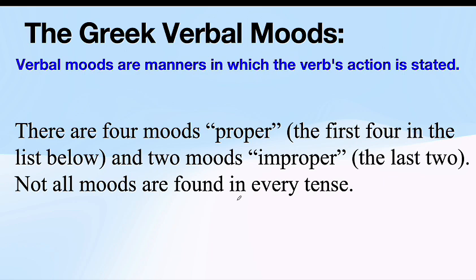For example, is it stated as a statement, as an imperative like a command, or is it a wish? Those are called moods. In Greek, there are 4 moods which are called proper, and there are 2 moods which are called improper. We shall see them one by one in the following slides.